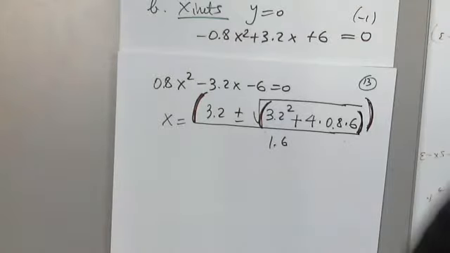Left parenthesis 3.2 plus the square root, in parentheses 3.2 squared plus 4 times 0.8 times 6, close the parenthesis, go completely outside of the square root, close another parenthesis, and divide by 1.6.